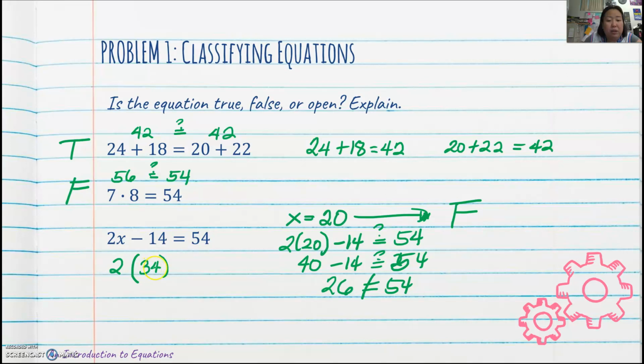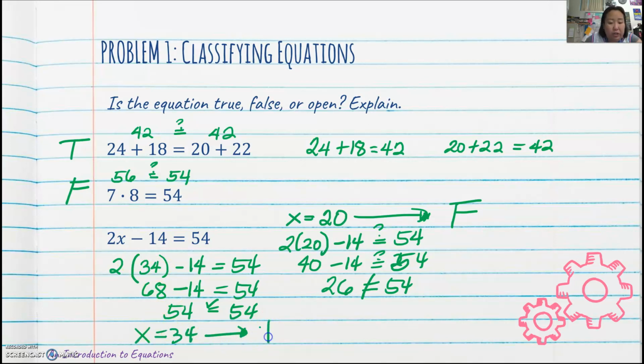So 2 times 34 minus 14, is that going to be equal to 54? 2 times 34 is 68. You subtract 14, and you will see that this equation is now equal on both sides. So if our x is equal to 34, then the equation is true.